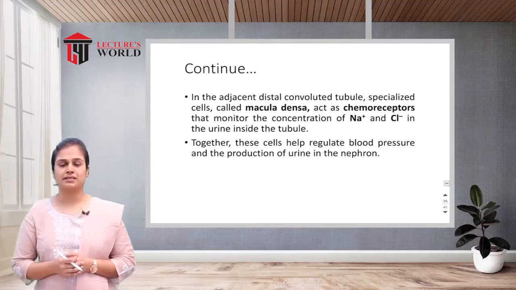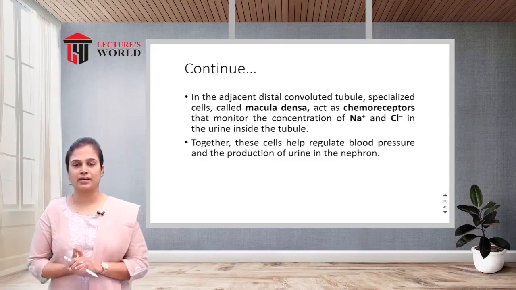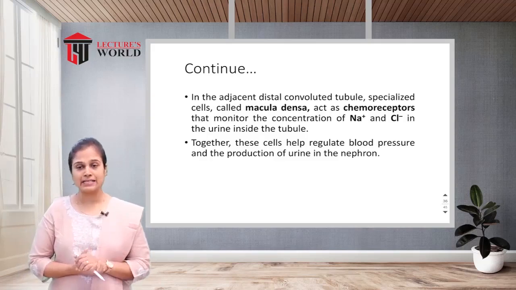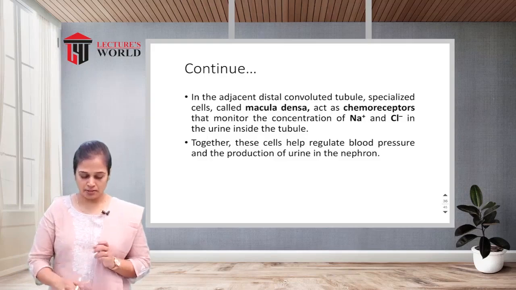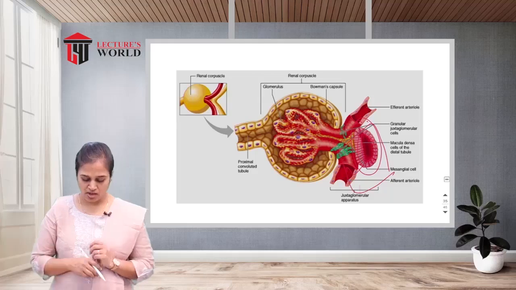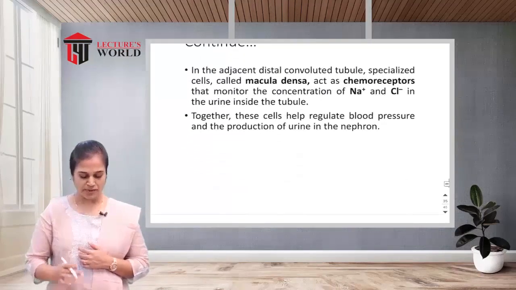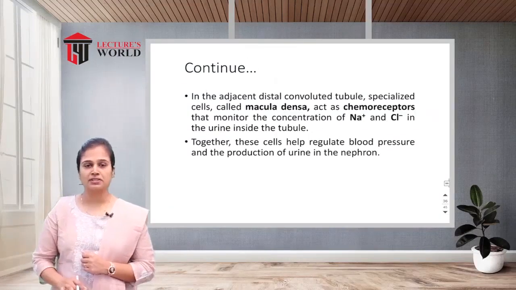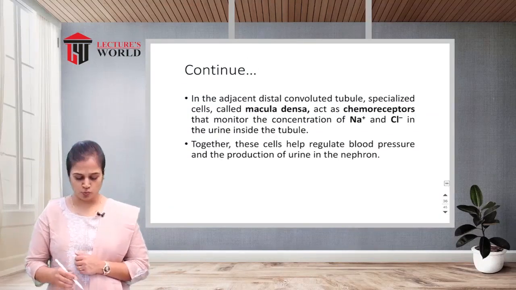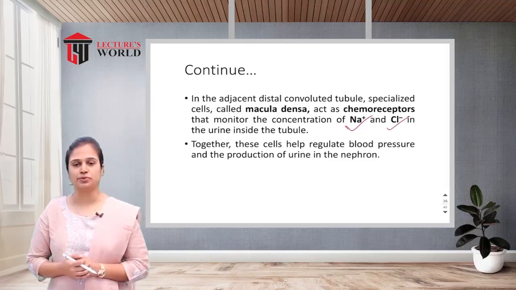In the adjacent distal convoluted tubule, there are specialized cells called the macula densa, and they act as chemoreceptors. These cells monitor the concentration of sodium and Cl- in the urine inside the tubule.